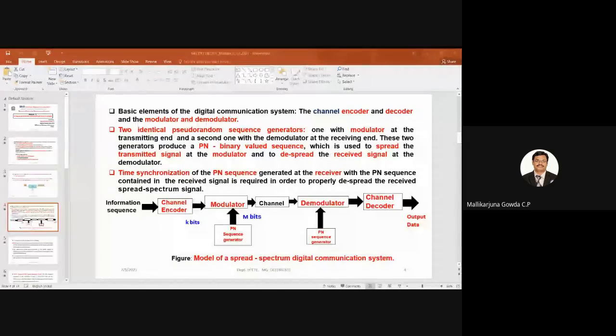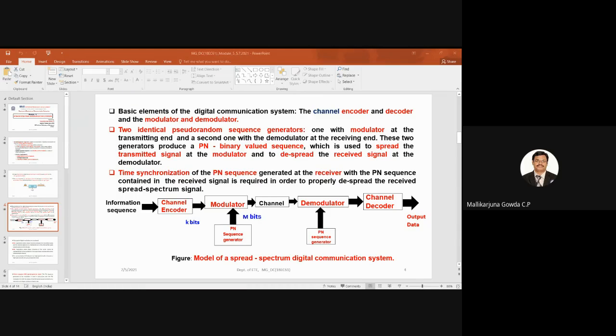Then the channel, which may be wired or wireless. Then at the receiver side there will be demodulators, then the channel decoder, whose output is given to the source decoder, and then we get back the output data.